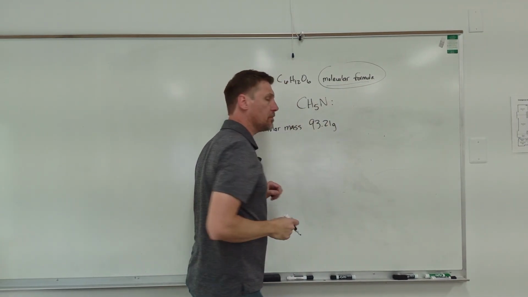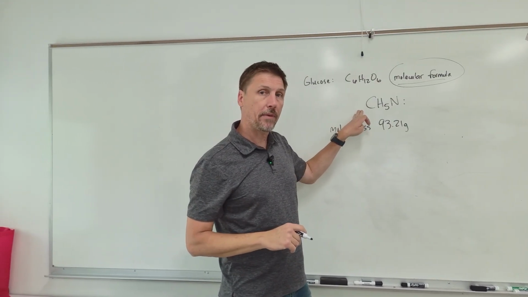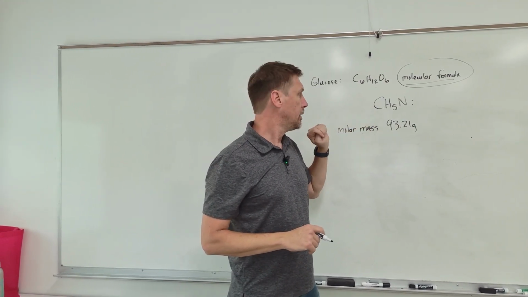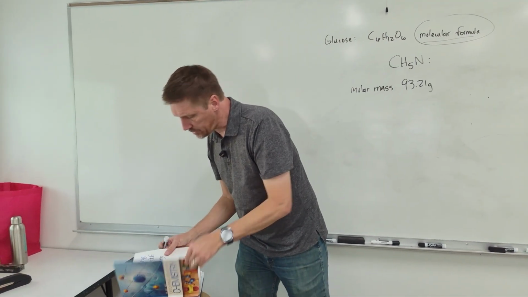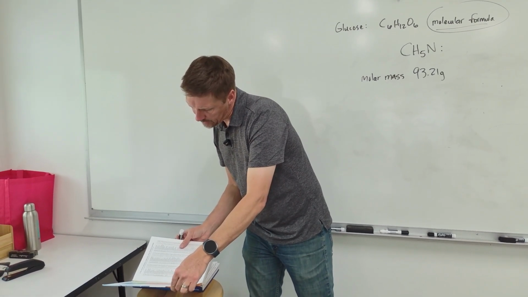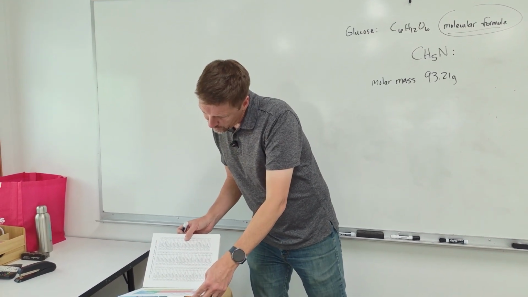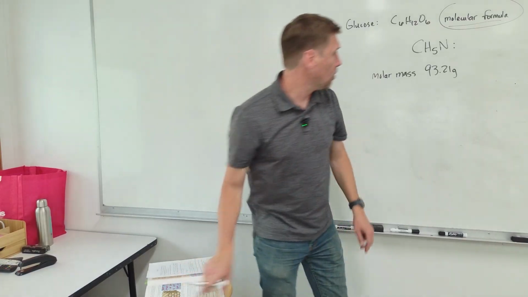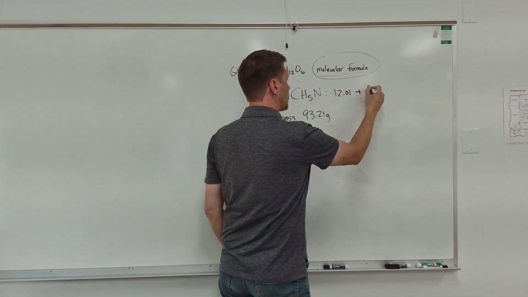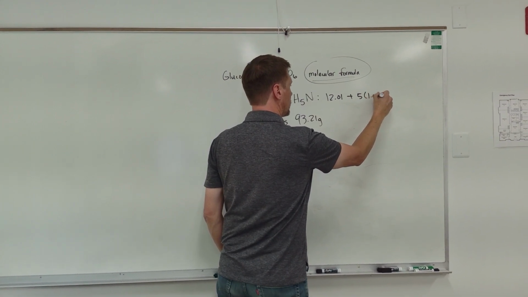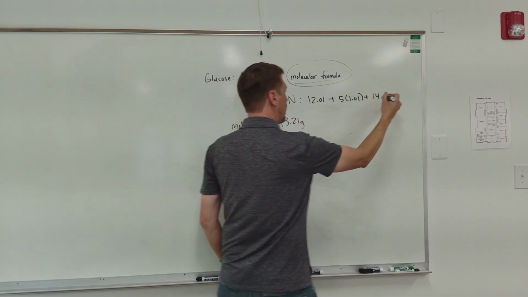If I go to my periodic table and look at what the molar mass would be for the compound if this was its molecular formula, I would see that carbon has an atomic mass of 12.01, hydrogen 1.01, and nitrogen 14.01. So I've got one carbon, 12.01, plus 5 hydrogens, 5 times 1.01, plus nitrogen, 14.01.